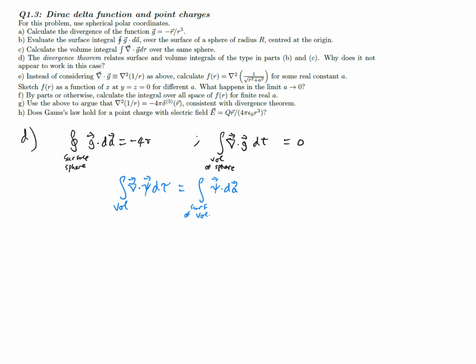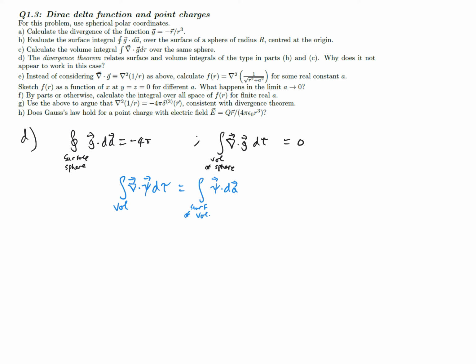So whatever volume we pick on the left-hand side, it can be a sphere, it can be a rectangle, it could be anything we like. On the right-hand side, we have an area integral on the surface bounding that region, and it's psi dot dA, so it's a vector area. And the Divergence Theorem tells us that these two things are equal.